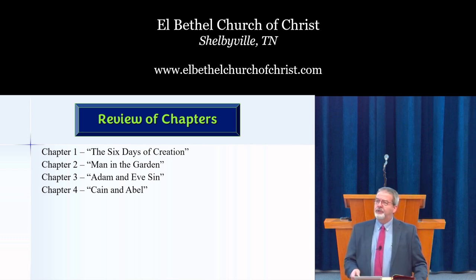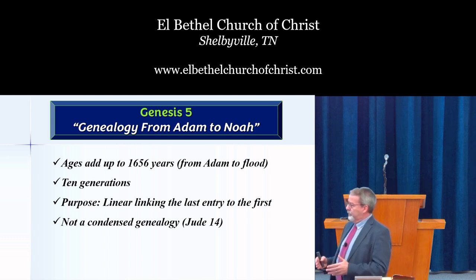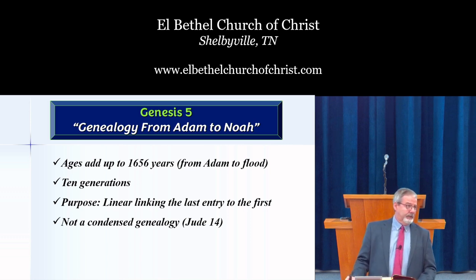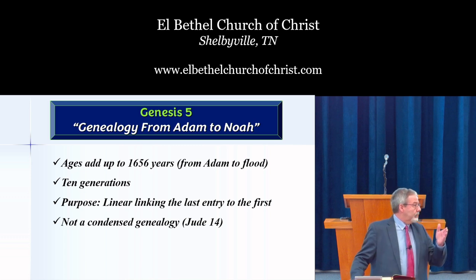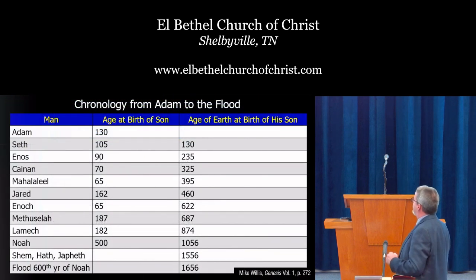The purpose here is linear; that is, it links the last entry, which is Noah, to the first entry, which is Adam, and there's a purpose in that. We know how far it was from Adam down to Noah and the flood, and also that this is part of the lineage of Christ, as we're going to see in Luke 3. So that's important. We'll get to that in just a second.